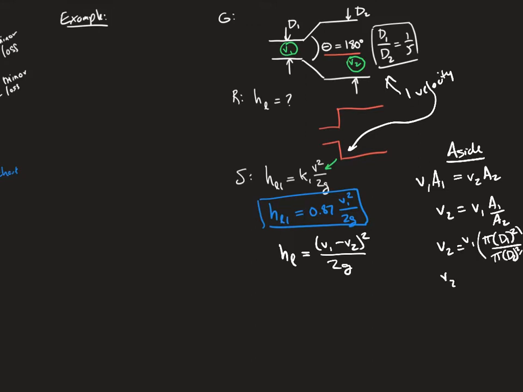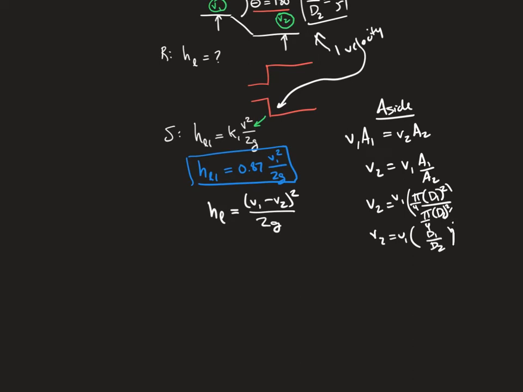Dividing by 4 on top and bottom, that all cancels anyway, so we're left with D1 over D2 squared. The ratio of D1 over D2 is 0.2, so if we plug that in, V2 equals V1 times 0.2 squared. So V2 equals 0.04 V1.